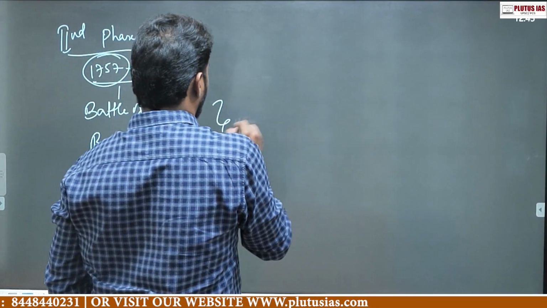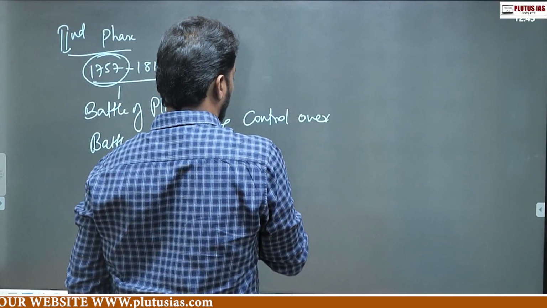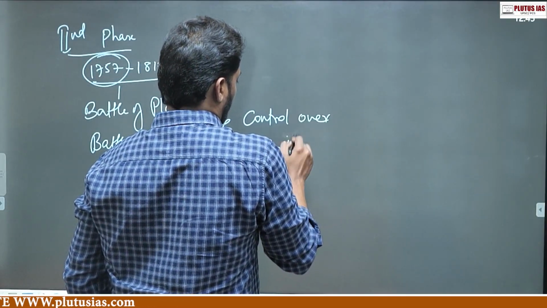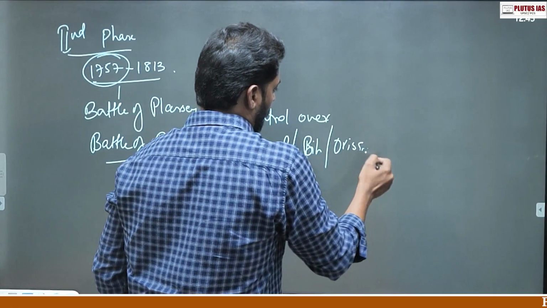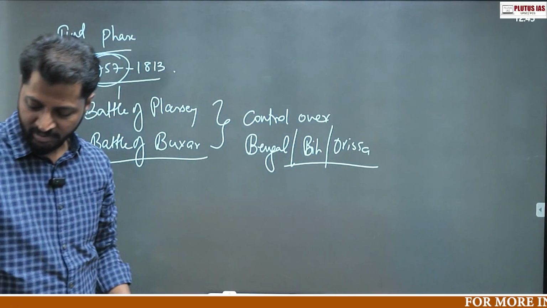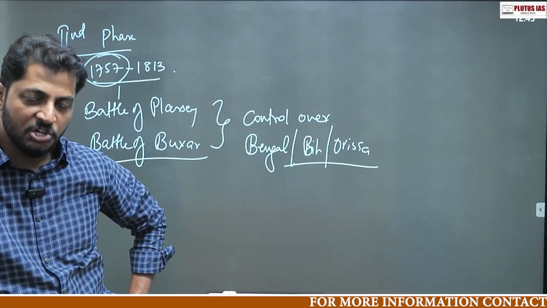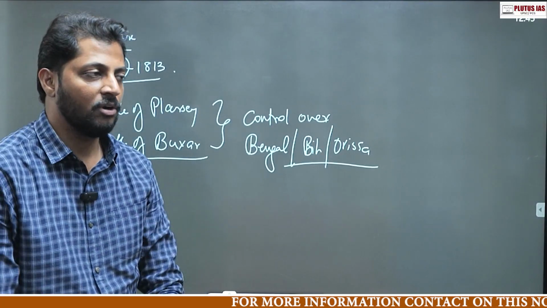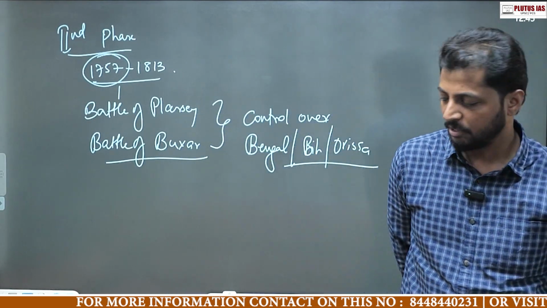They established control over Bengal, Bihar and Orissa. Particularly after Battle of Buxar, they established dual administration in Bengal, and that dual administration gave the Diwani rights and Nizamat rights to the company.